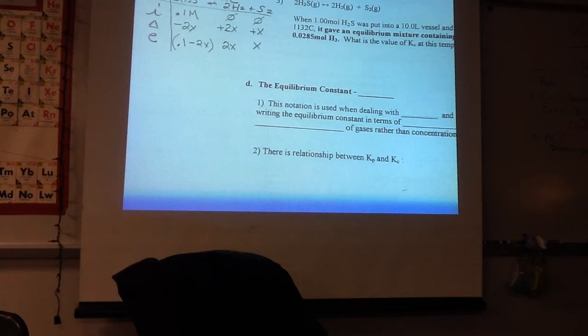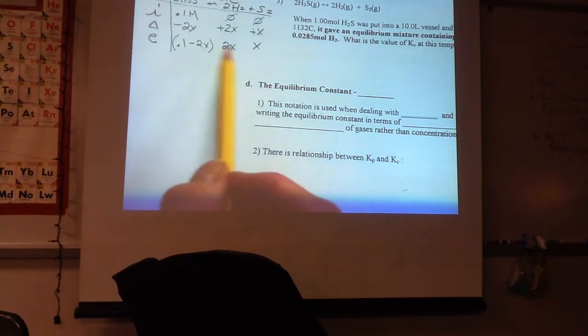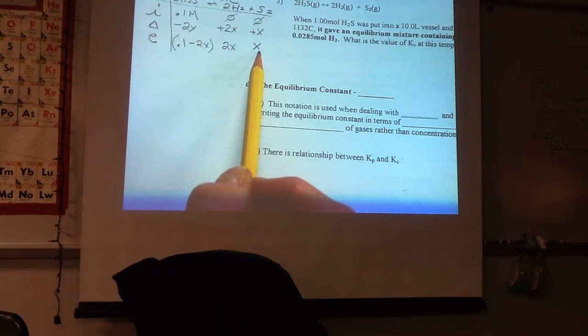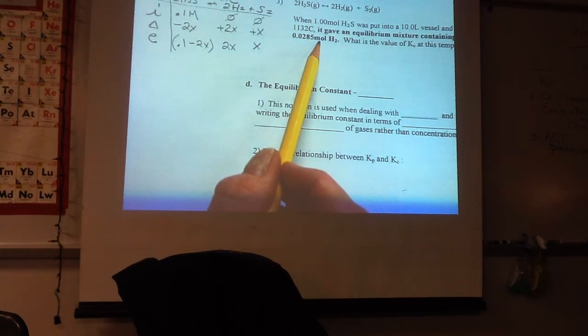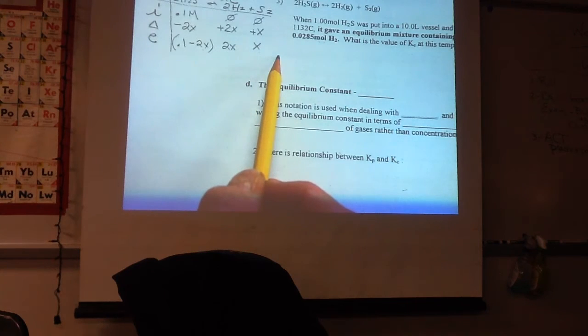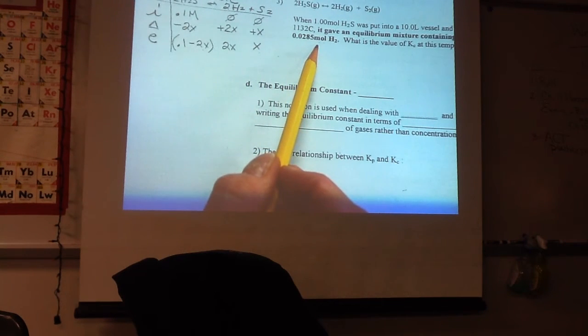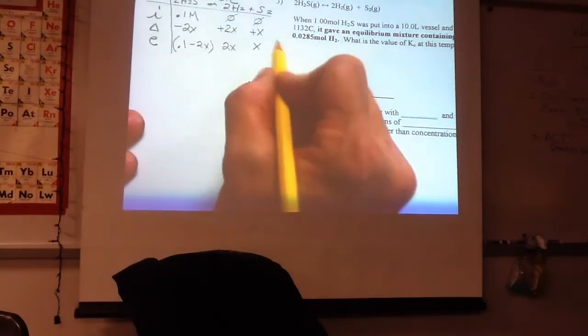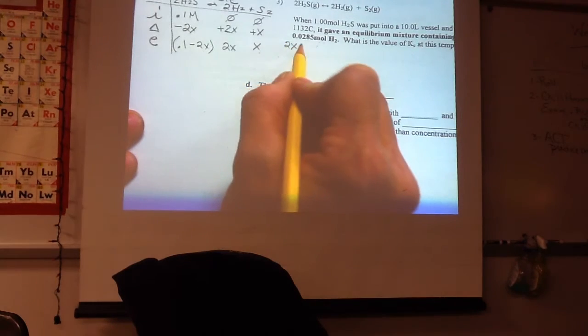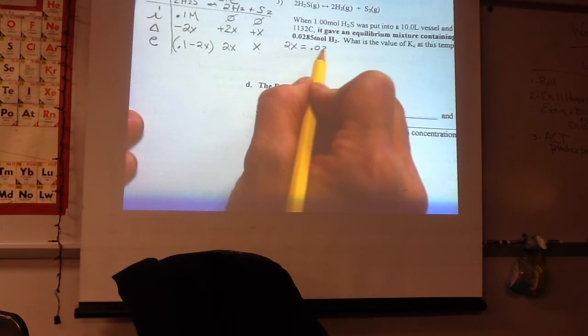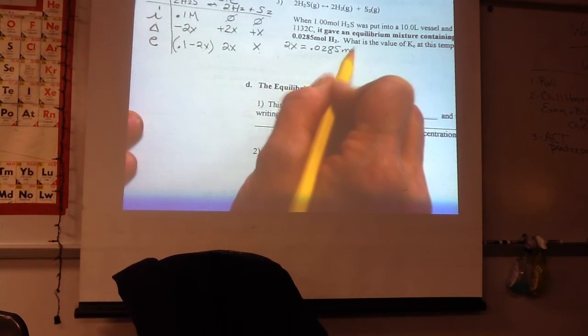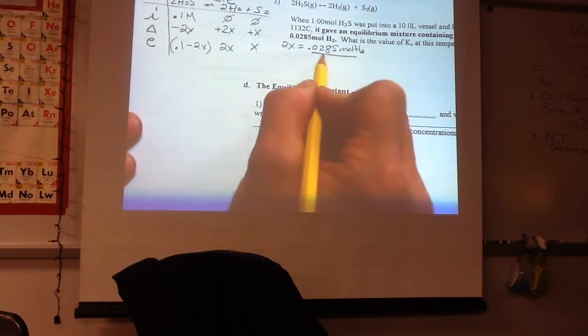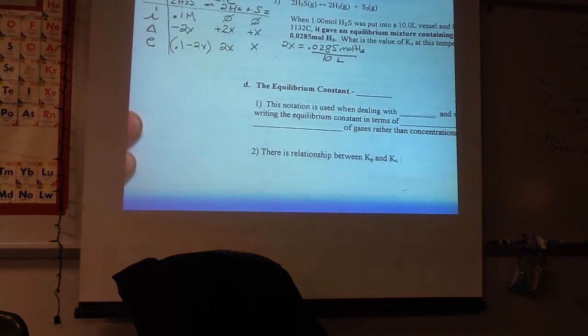Now, what am I given that I'm going to use to figure out the actual numeric values? 0.0285 moles of hydrogen, but remember this is moles and we set these up in molarity. So what's the first thing I want to do with regards to this? Divide by 2. All right, so here's how I'm going to do it. I know that 2X equals 0.0285 moles of hydrogen divided by 10, just so you know where all those numbers came from.